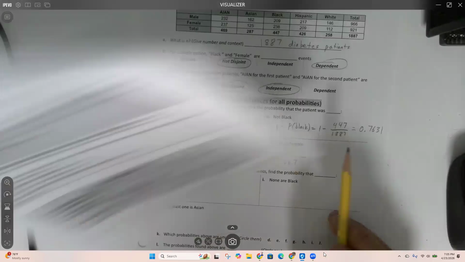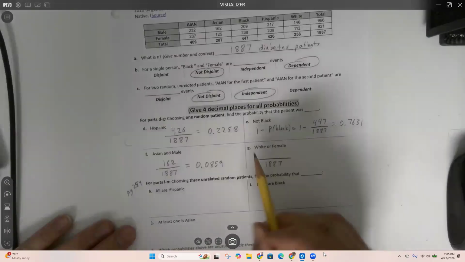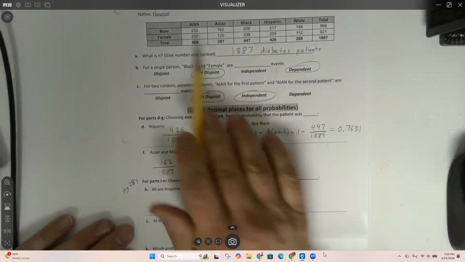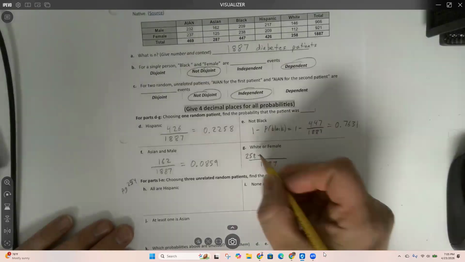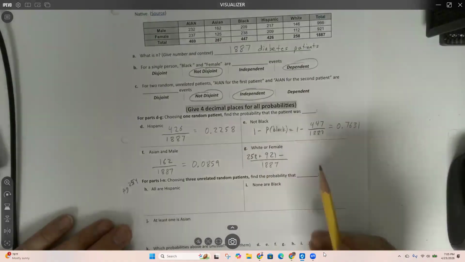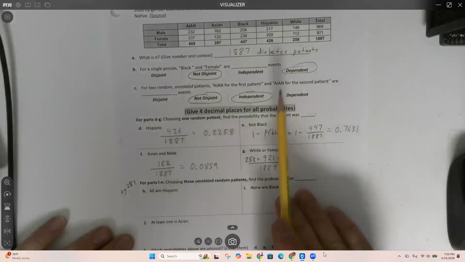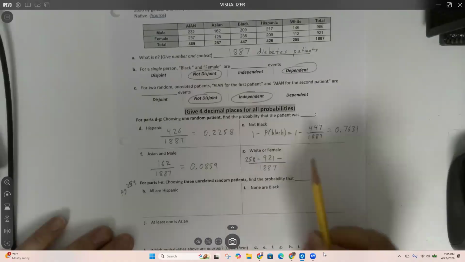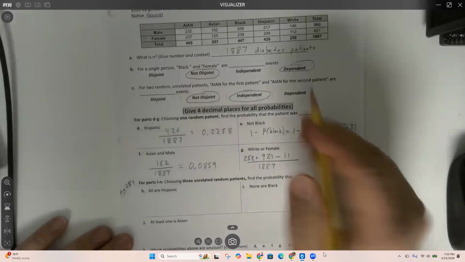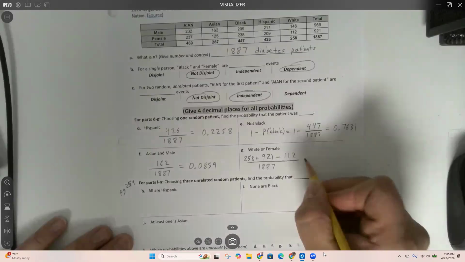White is 258. Female is 921, plus 921, minus what number is the white females? 112 right here. Yes.